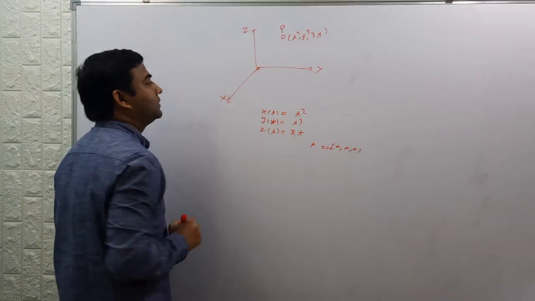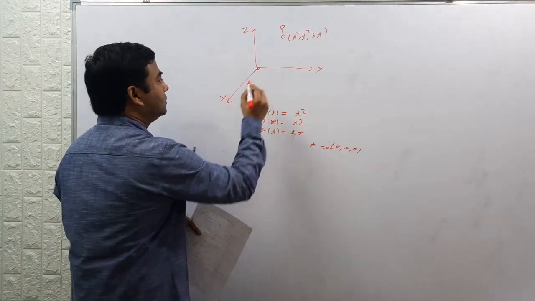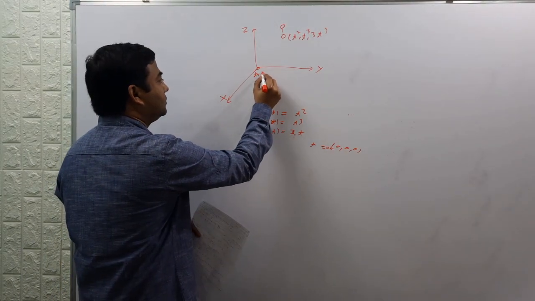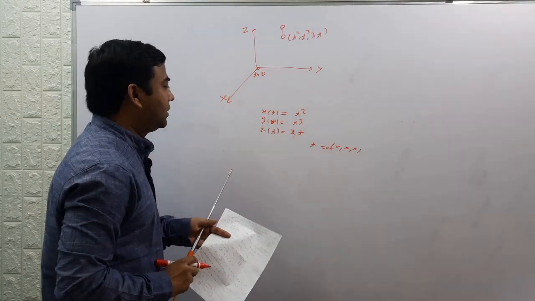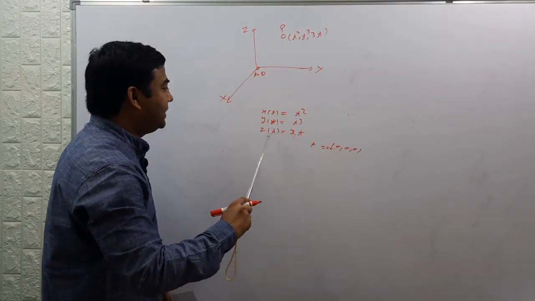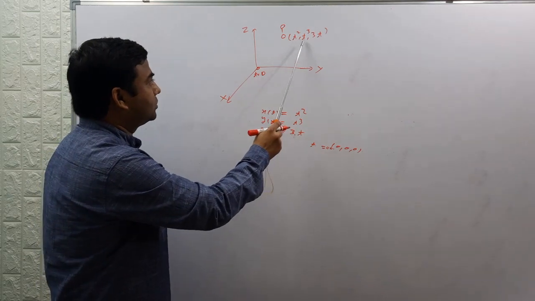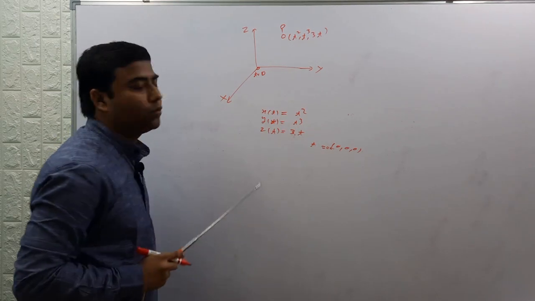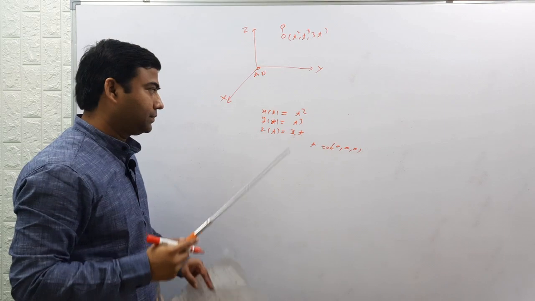This point will be here at t is equal to 0. And at time t, its position will be given by this point, which is a function of time.